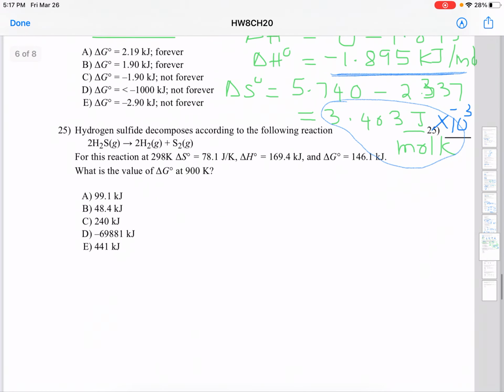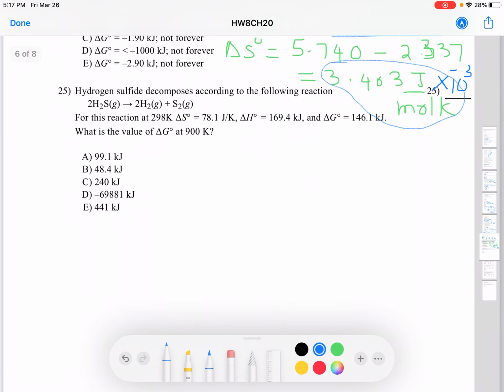And number 25, hydrogen sulfide decomposes according to the following reaction. For this reaction at 298 Kelvin, delta S naught, delta H naught, and delta G naught are given. What is the value of delta G naught at 900 Kelvin?